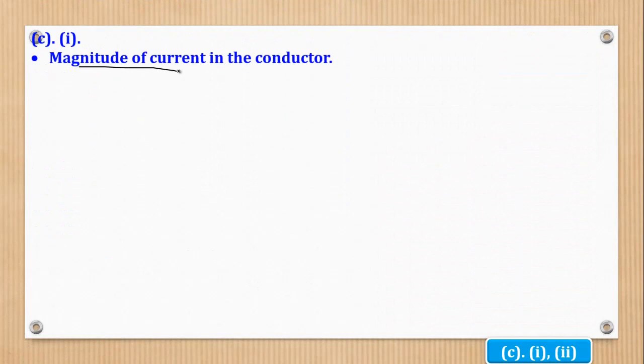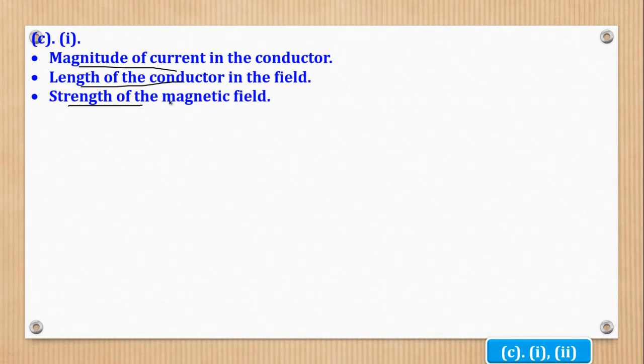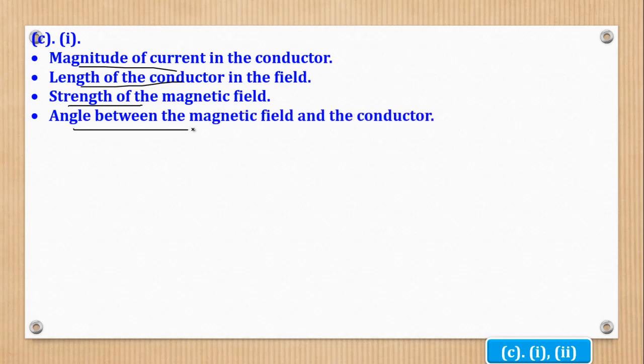So 1 is the magnitude of current in the conductor, the length of the conductor in the field, the strength of the magnetic field. Then the angle between the magnetic field and the conductor. So now we shall go to part C, Roman 2.